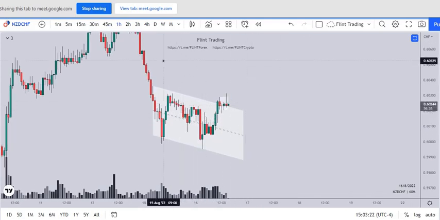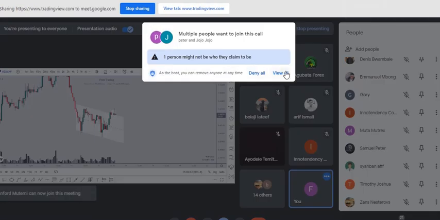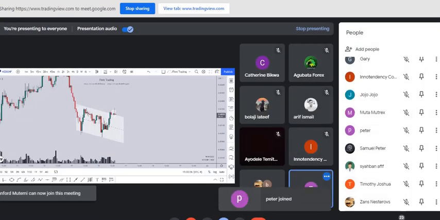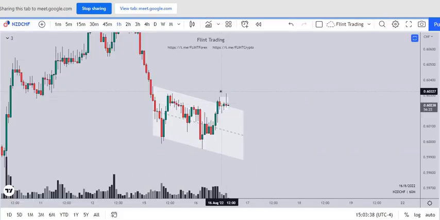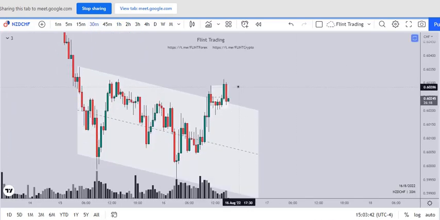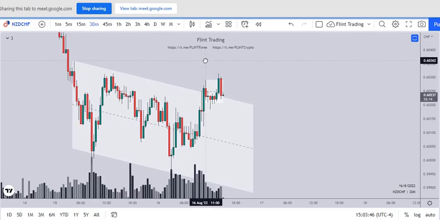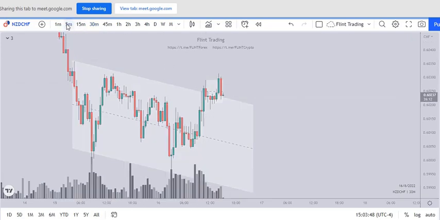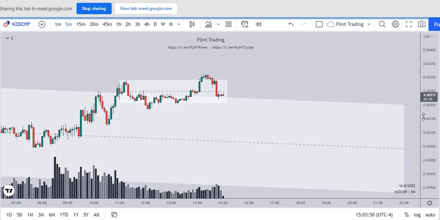So the price did a fake out. This momentum was strong. It should have pushed upside, but we are seeing some consolidation, which is a distribution on lower time frame as well, which I was just showing you guys. This seems like a redistribution, and on 5 minutes it is again a distribution.